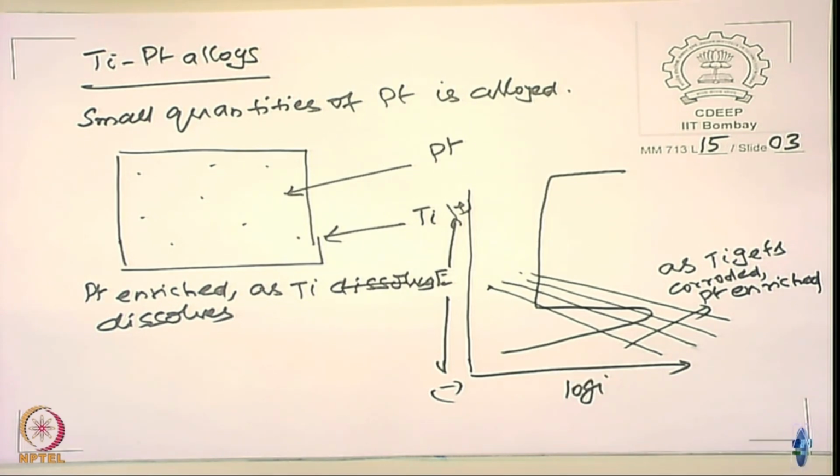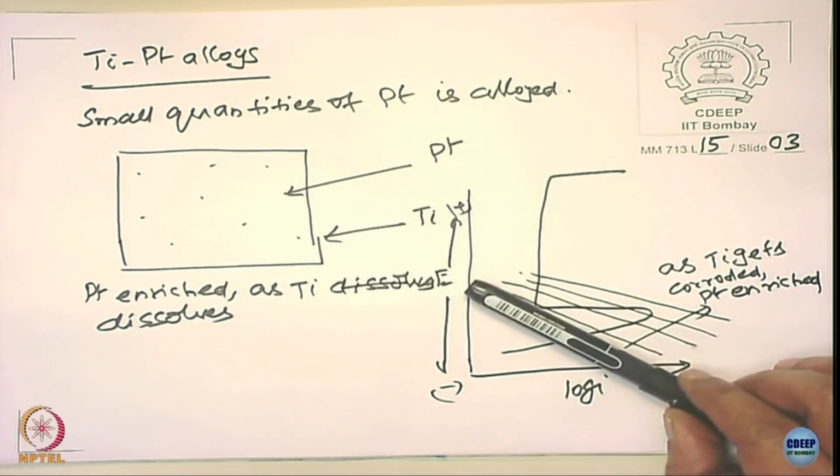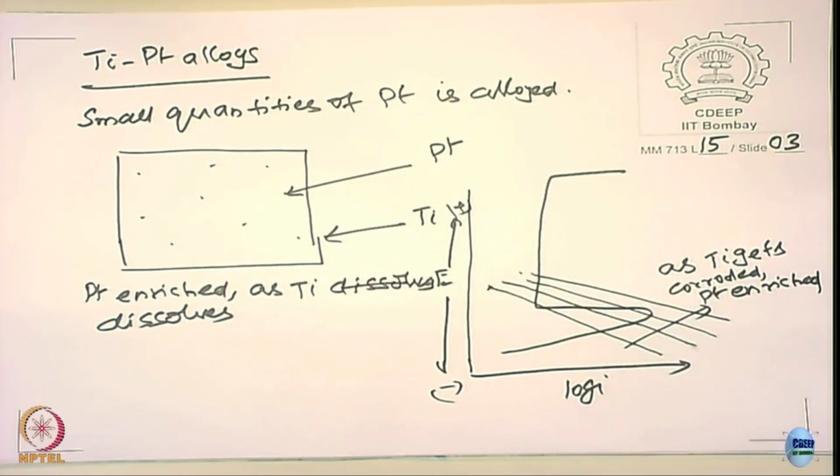So you don't put too much platinum in the beginning. You put a small amount of platinum. As the titanium dissolves, enrichment of platinum occurs, and so the cathodic curve starts shifting towards the right side, ultimately leading to passivation. With corrosion, the titanium and platinum will not go together.